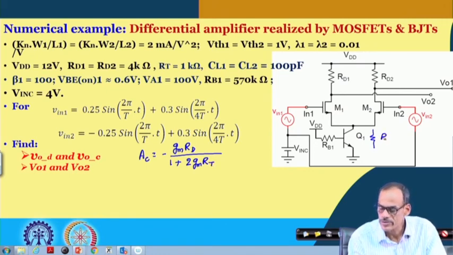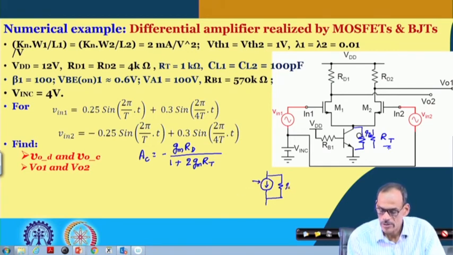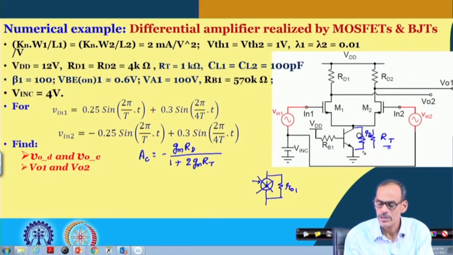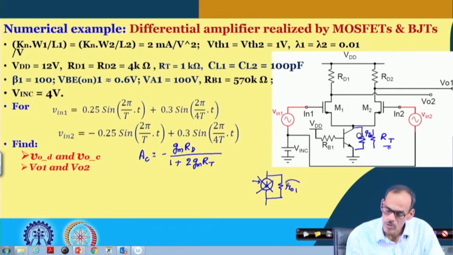Now, while we have this active device instead of a passive element, whatever the RO we have is playing the role of RT, because if I consider its small signal equivalent circuit of this tail current source, where this part is the DC, and for DC of course we have to remove this part, then we will be left with this RO1 in the small signal equivalent circuit. So, RO1 is essentially playing the role of RT.